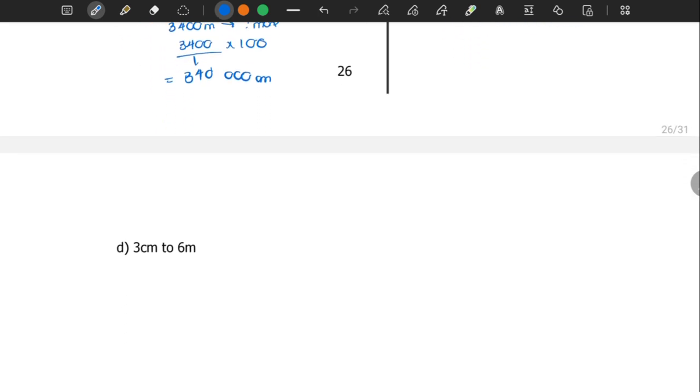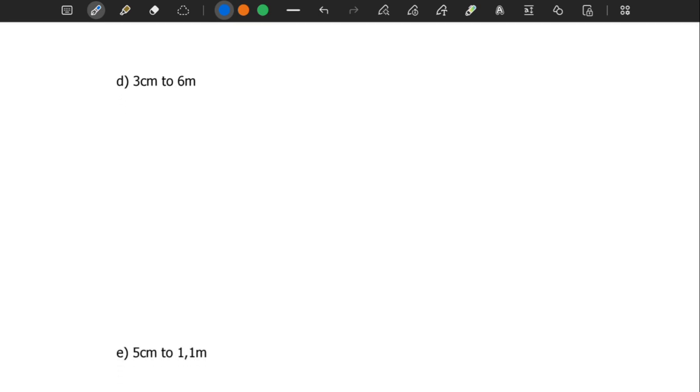And then the next one is 3 centimeters to 6 meters. So it's 3 centimeters is to 6 meters. So we have to convert 6 meters to centimeters.